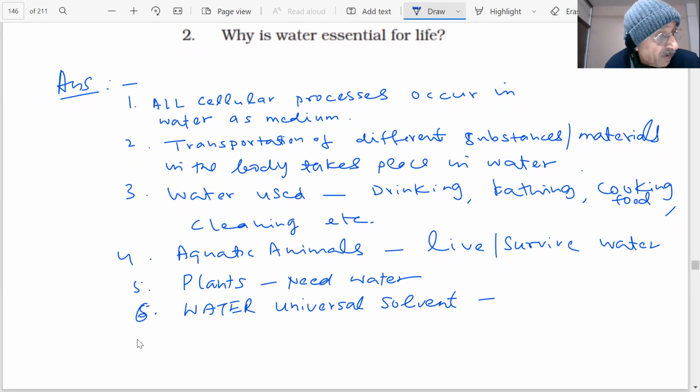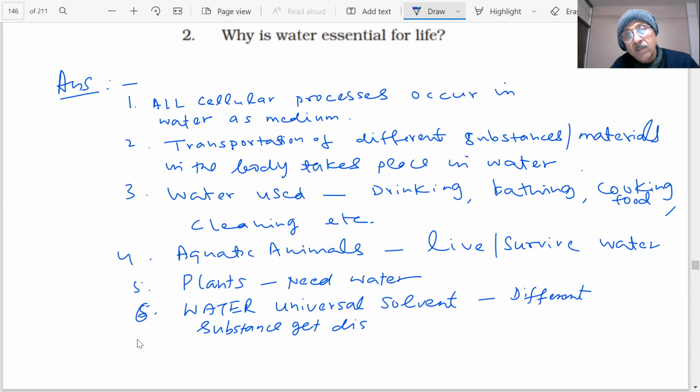So different substances get dissolved in water, in our body also.